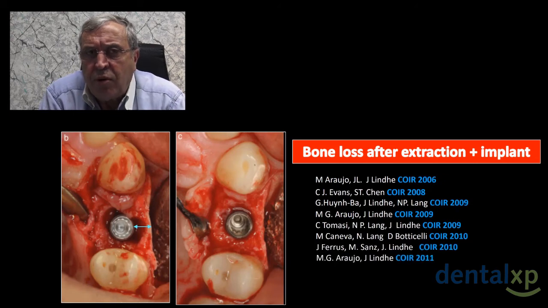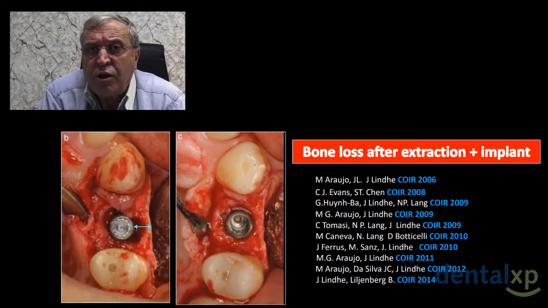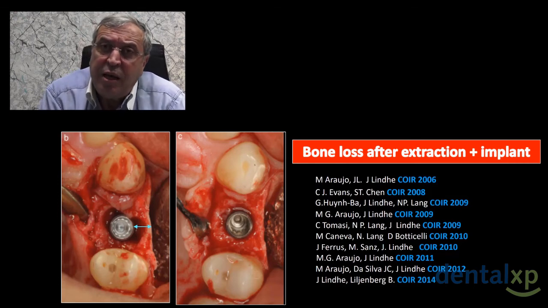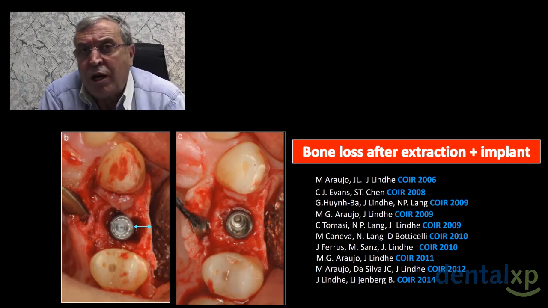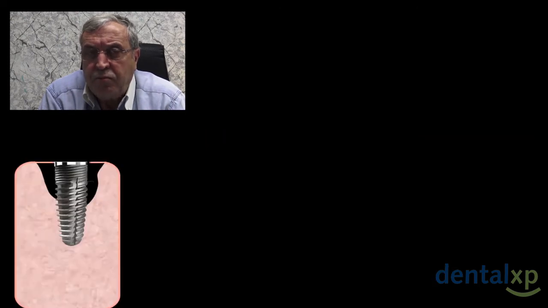Let's talk about the management of the flap after extraction. We know that after extraction, when we put an implant, we lose the buccal bone. The literature says that it's because of extraction. We don't believe that.